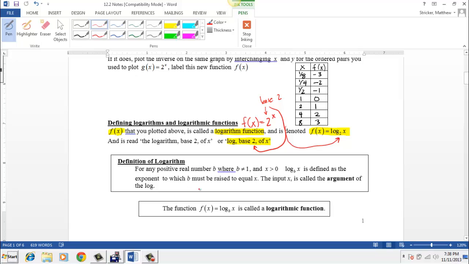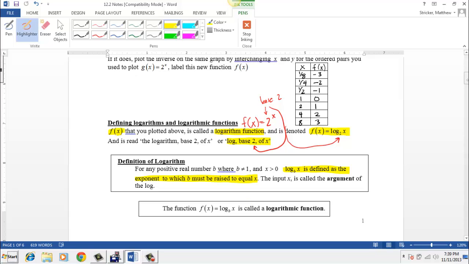I'll let you read through that on your own, but the point I want to make is that log base b of x is defined as the exponent to which the base must be raised to equal x. Really, a logarithm is just another way of writing an exponent problem. It's just another form, and we're going to see that on the next page.